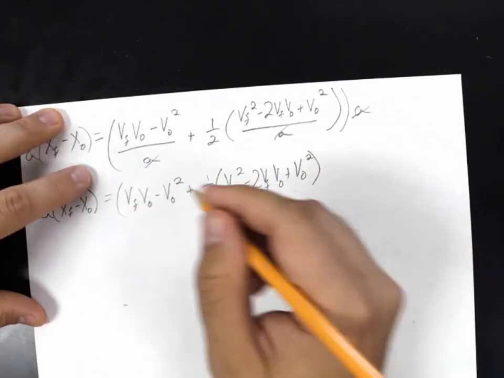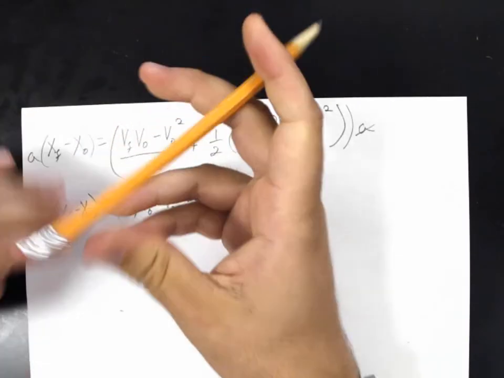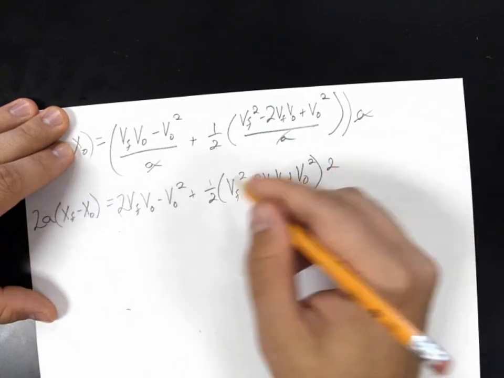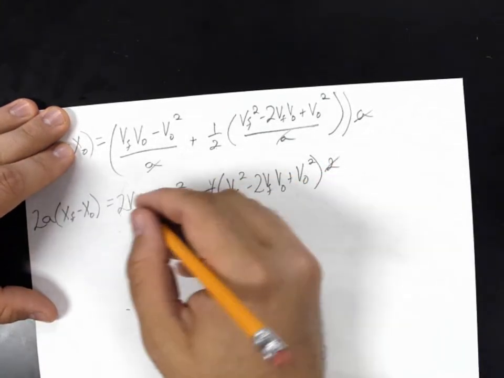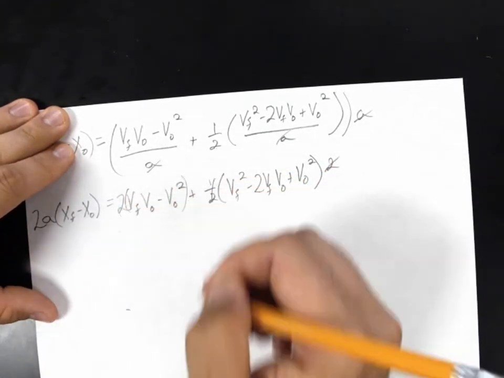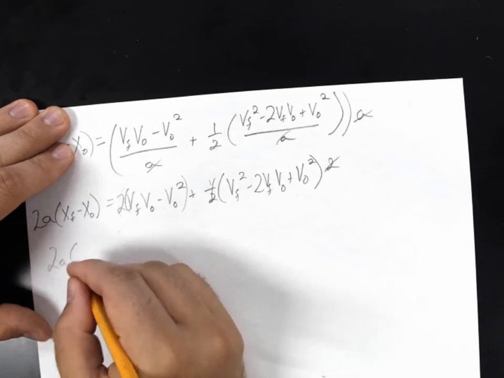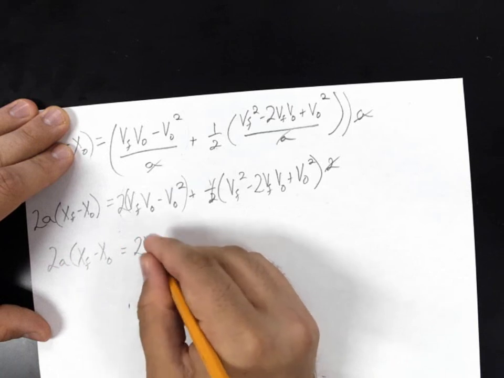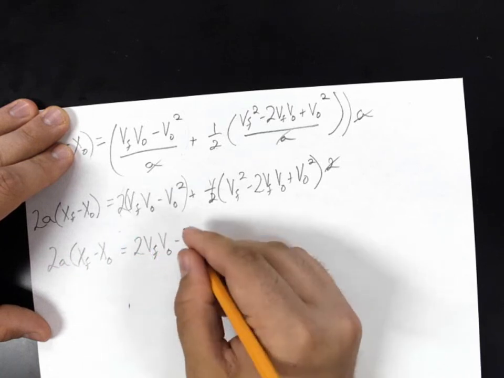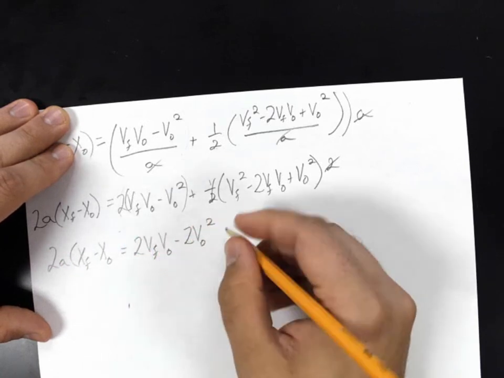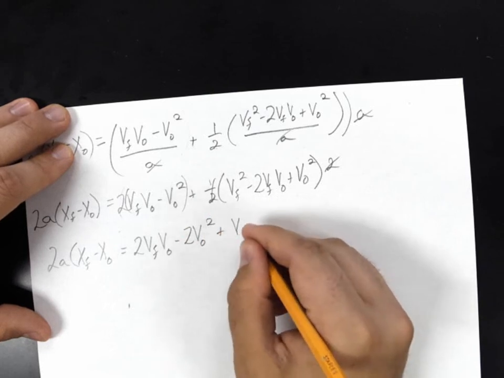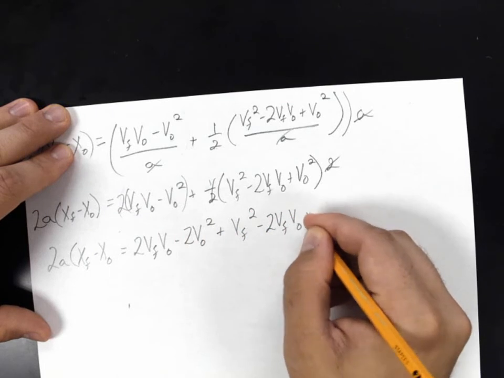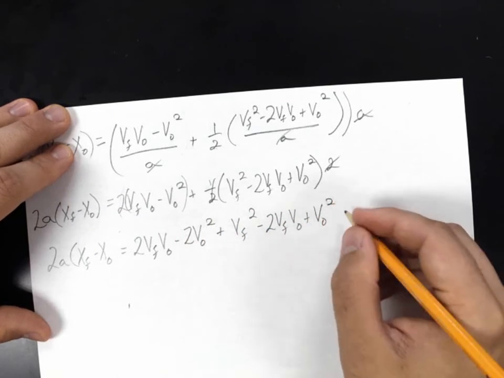Let's multiply everything by 2. There's a 2 that's going to go out here, 2 goes out here, 2 goes out here. Cancel, cancel. This one sticks around and multiplies into both of these. We're left with 2a xf minus xo equals 2vf v naught minus 2 v naught squared plus vf squared minus 2 vf v naught plus v naught squared.